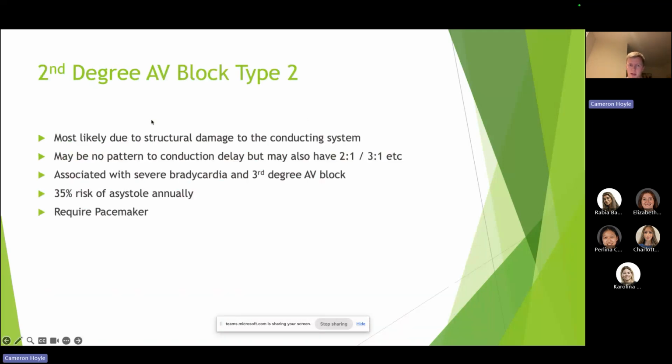Just a little bit about Mobitz 2. This is slightly more serious than Mobitz 1 because it's more likely that there's actual damage to the conducting system. There might not be a pattern to them, but often it's in a 2-to-1 or 3-to-1 pattern.